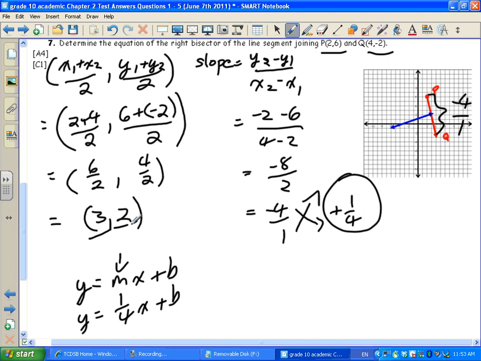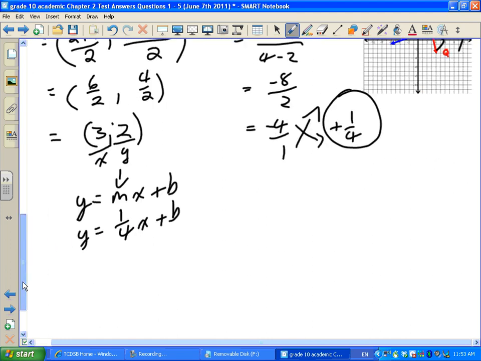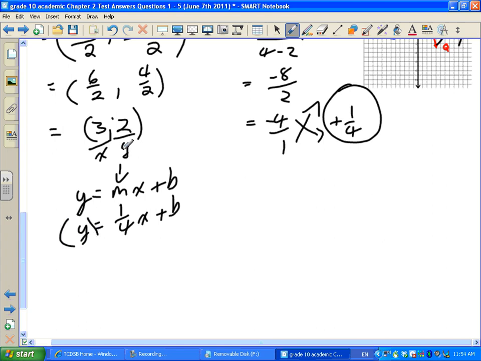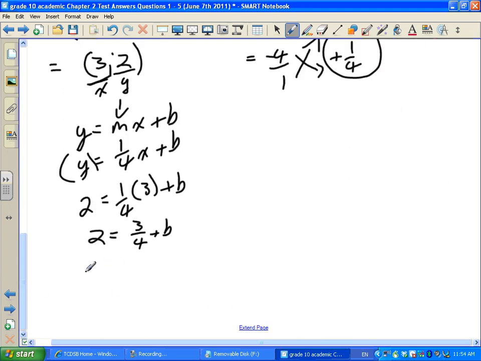And I need to find the y-intercept, obviously, for the equation. So I already have a point. I have the midpoint of PQ, and we also know that point goes through this right bisector. So I'm going to take my x and my y value and plug them into this equation. So I'm going to substitute number 2 in for y, and I'm going to substitute number 3 in for x, and we're going to solve for b. 2 is equal to 3 over 4 plus b. 2 minus 3 over 4, I bring the 3 over 4 to the other side, is equal to b. I'm just going to go up here to save some space.